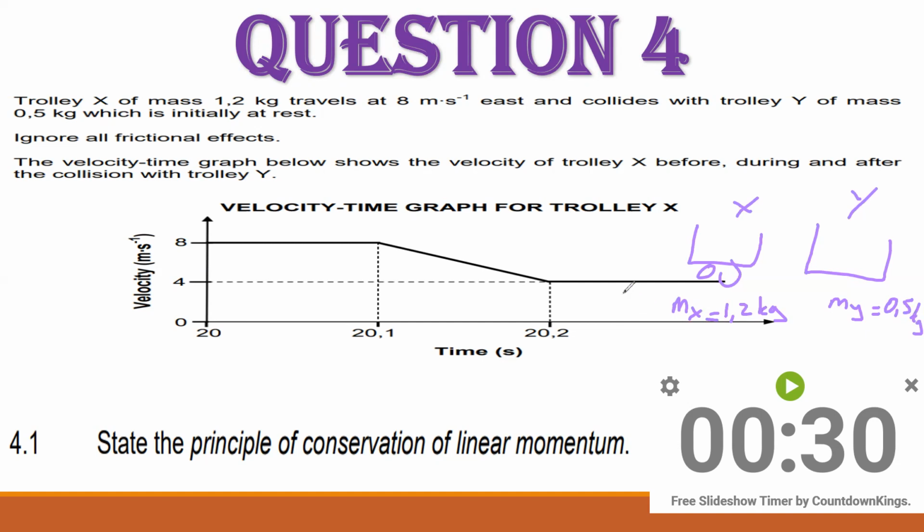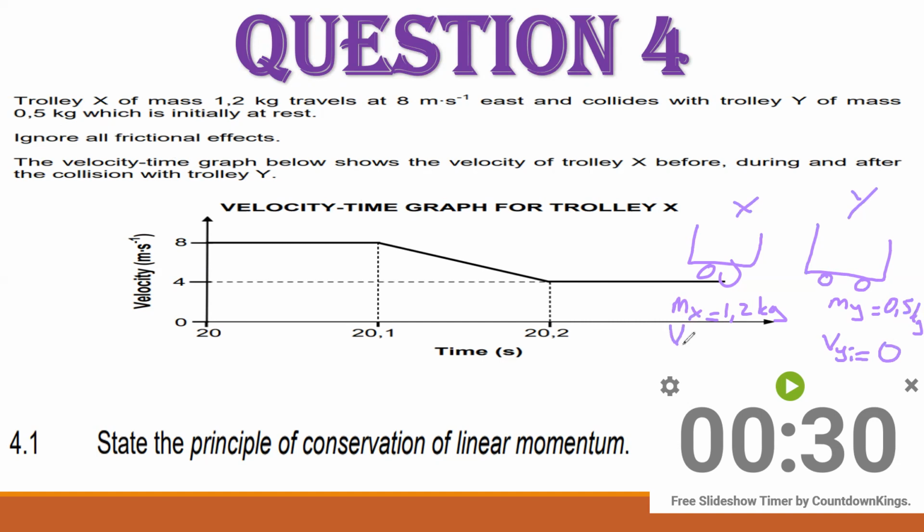If you do that, it's going to be perfect for you, because it will be very easy to draw a diagram and write all the givens on the question paper. And then 0.5 kg, and we said Vy initial is at rest, so Vy initial equals 0.